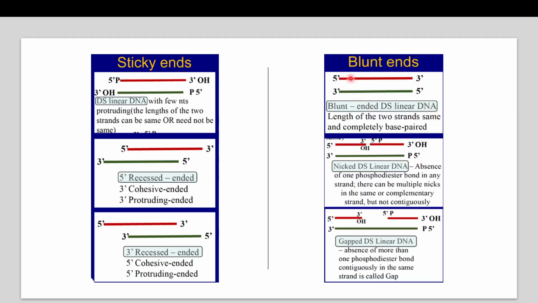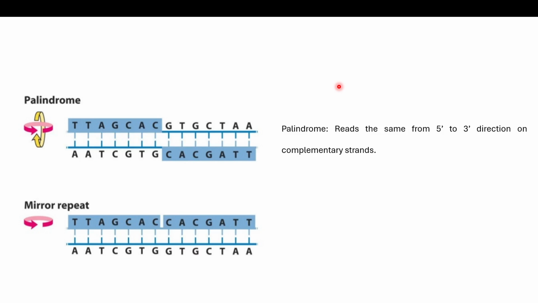blunt-ended DNA also, wherein there won't be any overhang created. Like EcoRI in the previous case, suppose something cuts exactly here, at both these places. But this is not the case, it should be proper, there should be the two palindromic sequences.